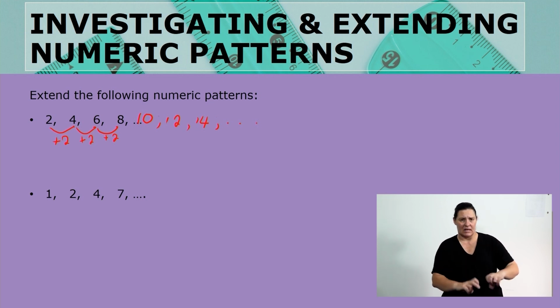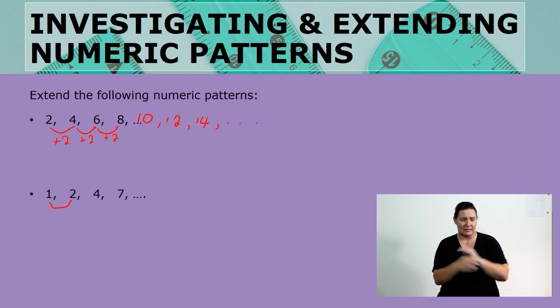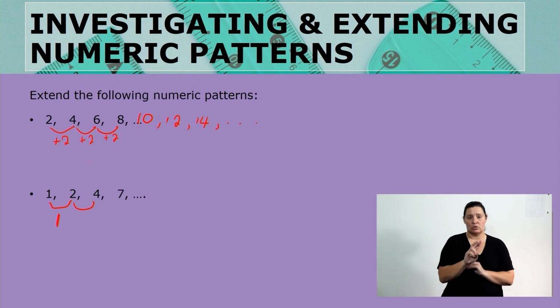So let's investigate what is going on here. If we look at this pattern, to find the difference, we say the second term minus the first term. So 2 minus 1 is 1. When we move on to the next one, we have 4 minus 2, which is 2.